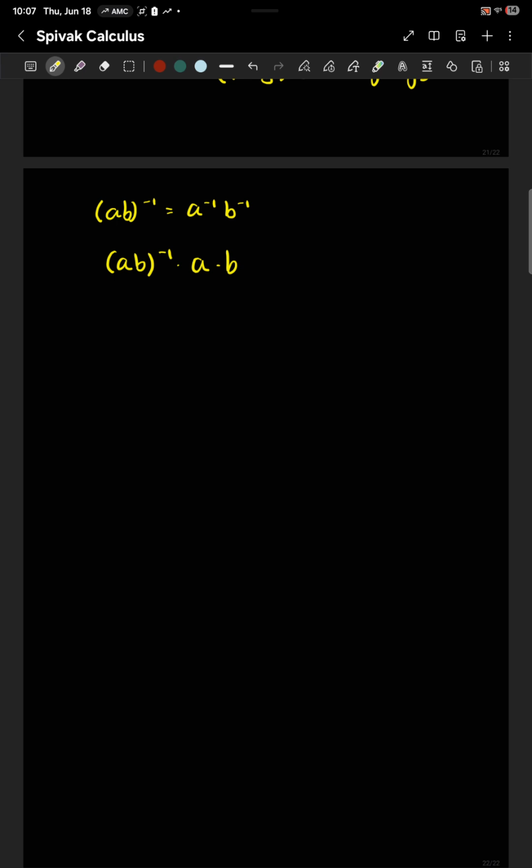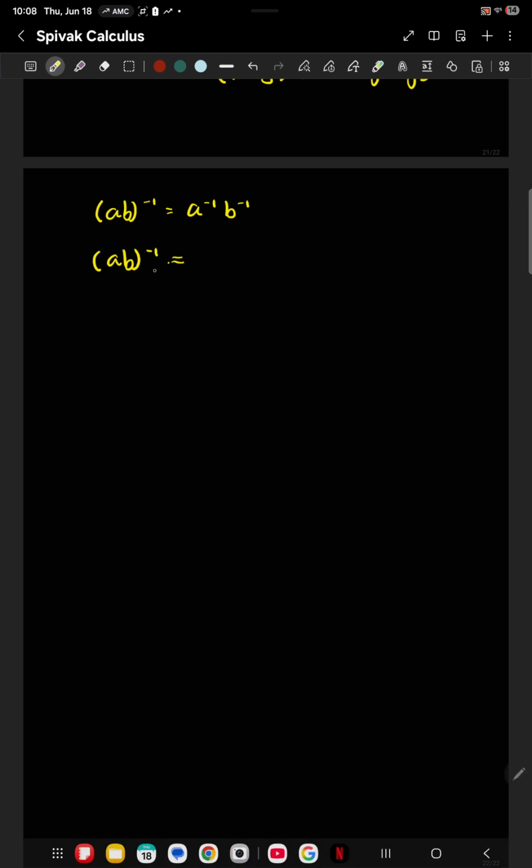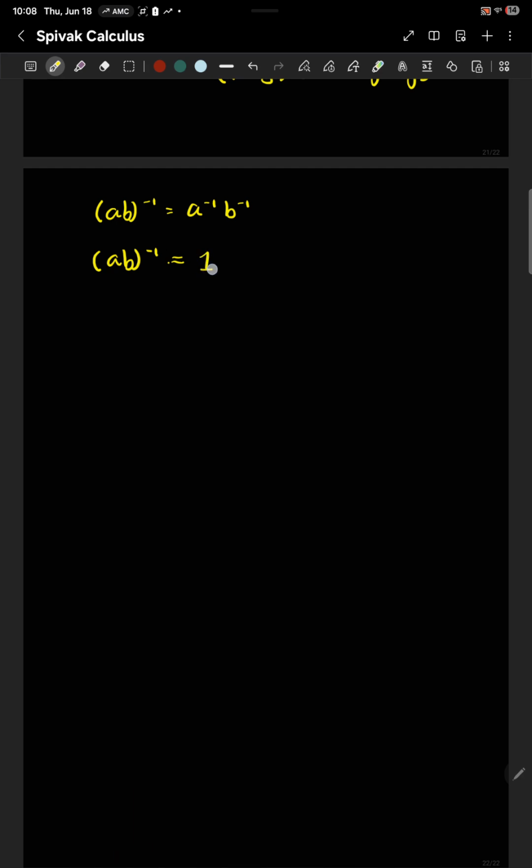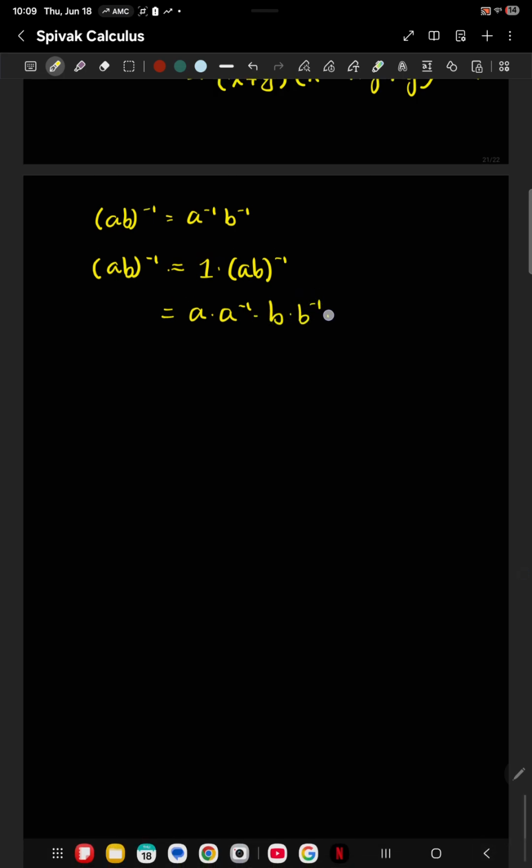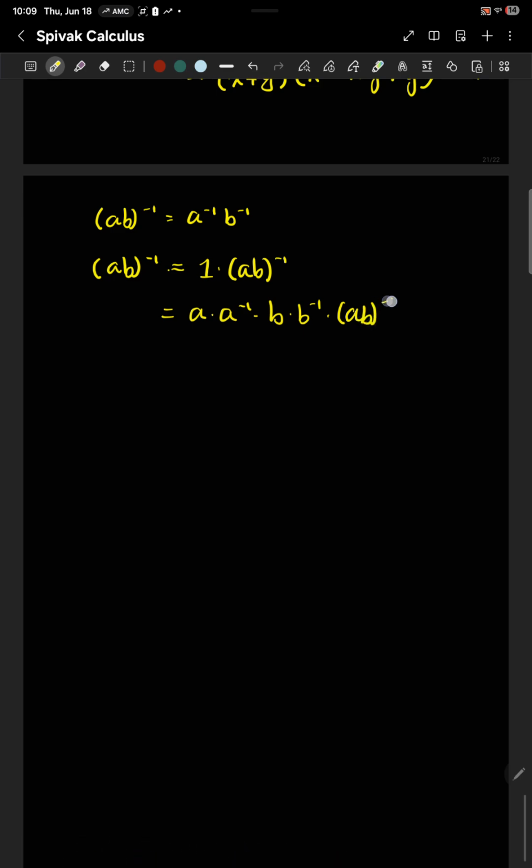It doesn't ring clearly to me yet. Let me get back to you. Just a moment. Okay, so what this is equal to is 1 times (AB) inverse, meaning we can do whatever with 1 here: A times A inverse, B times B inverse, times (AB) inverse.